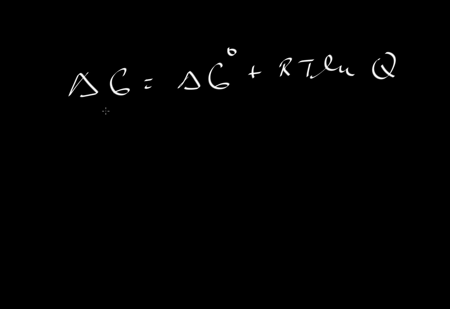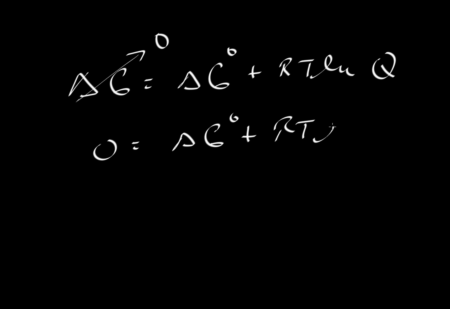So let's erase the chalkboard and rewrite that. We have delta G equals delta G naught plus RT ln Q, which is our quotient. For the case that delta G goes to 0, we have 0 equals delta G naught plus RT ln, and now it's not just any quotient, it's the equilibrium constant KEQ.